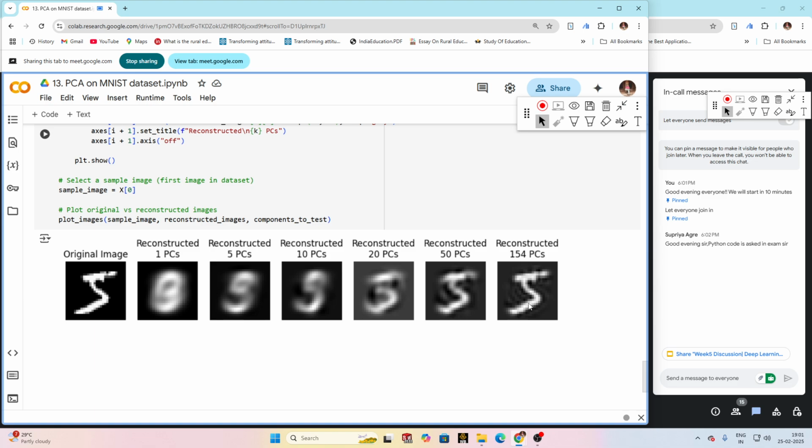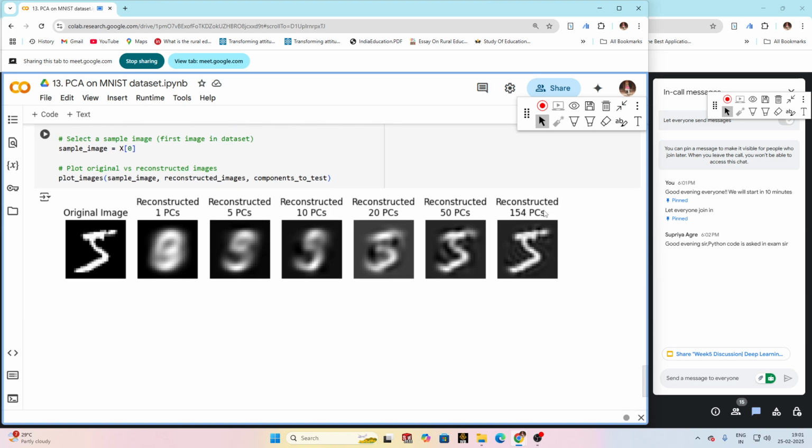That is, our reconstruction error is very small, and we are covering more than 95% of variance. So after using 154 principal components, our digit appears like the original image with very little reconstruction error. Total we have 784 principal components, but with only 154 we get the image very close to our original image.